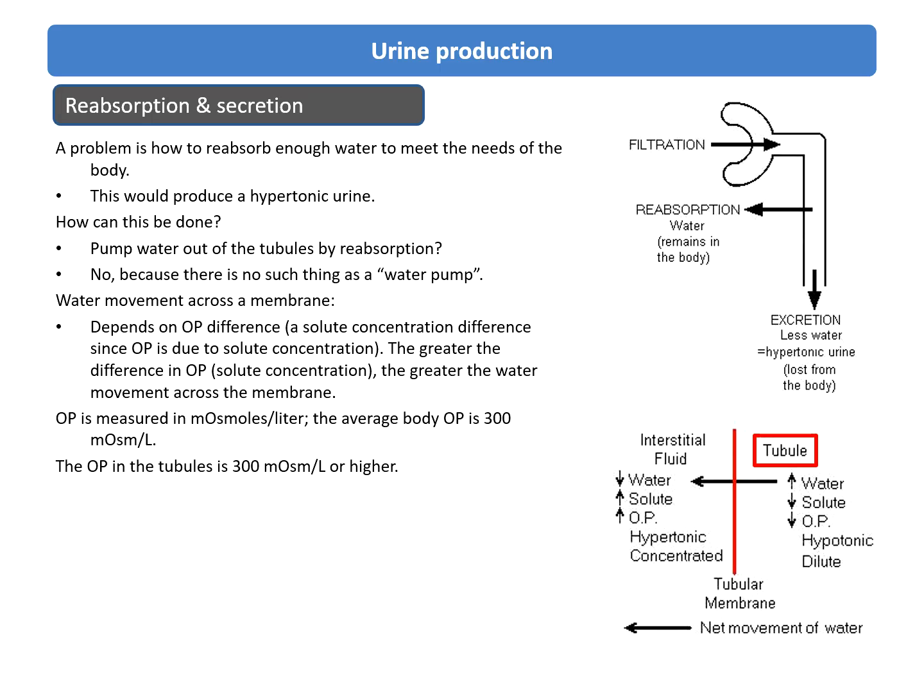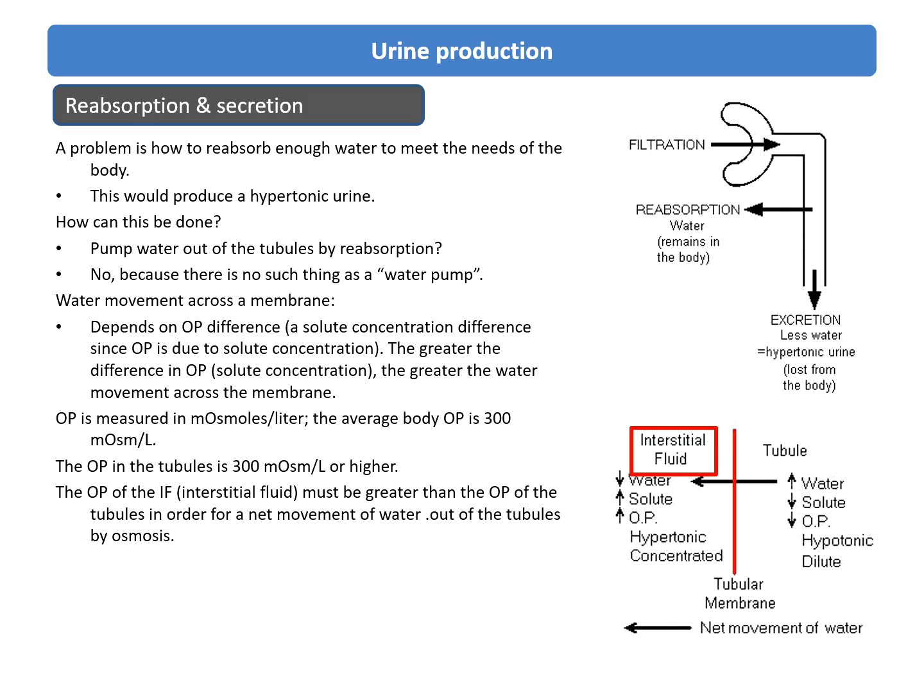The osmotic pressure in the tubules is around 300 milliosmoles or higher. The osmotic pressure of the interstitial fluid must be greater than the osmotic pressure of the tubules in order for a net movement of water to be out of the tubules by osmosis.